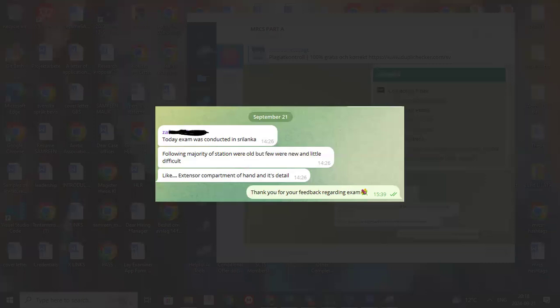Cutaneous supply, or the overview of the hand.